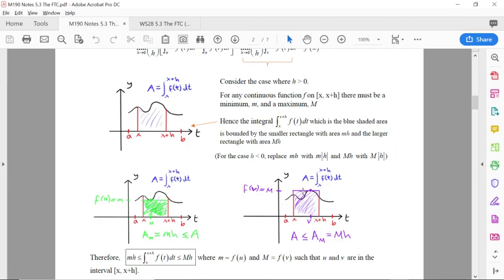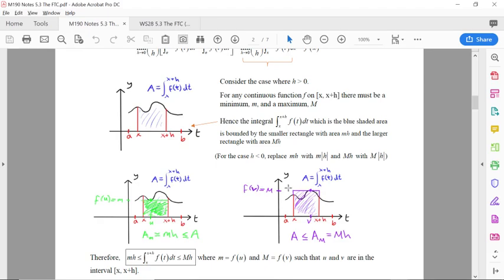Now I'll repeat the process for the absolute maximum. We know that it exists by the extreme value theorem, so we can find the absolute maximum using the closed interval method. This is just demonstrating what we can do with that result. Let's say that between x and x plus h, there's a quantity v such that the output f of v would be that absolute maximum.